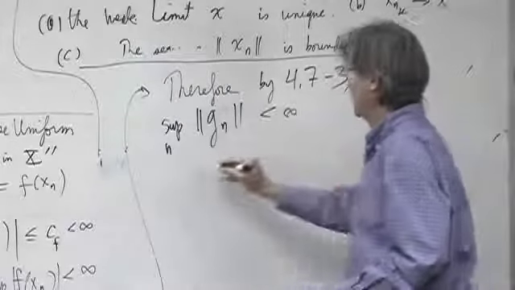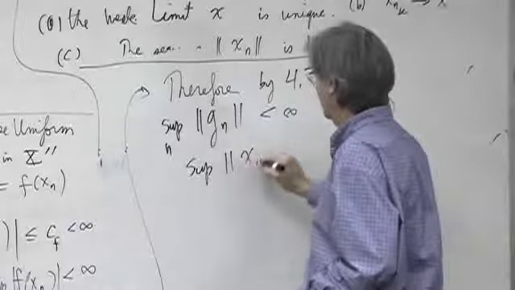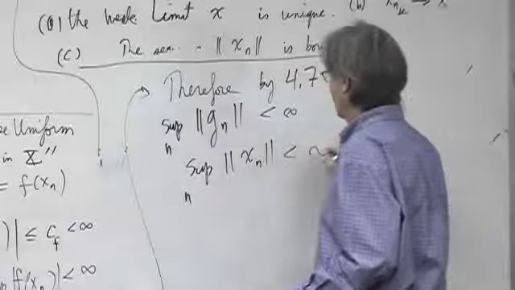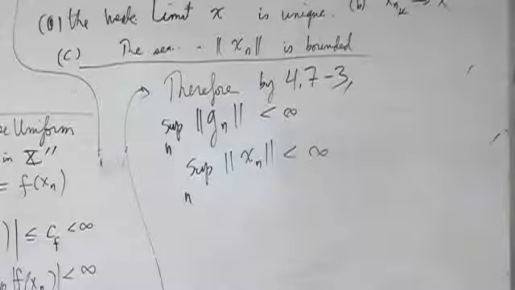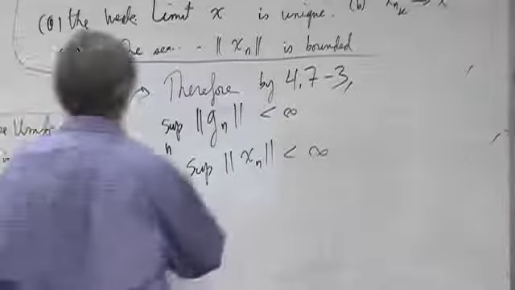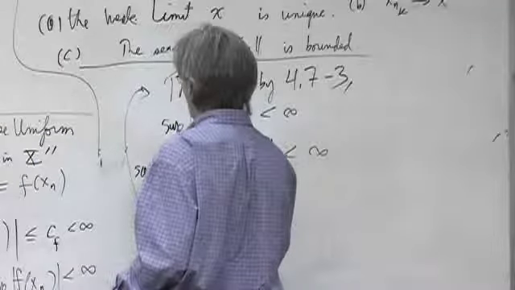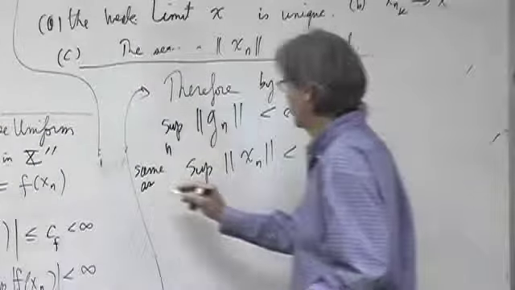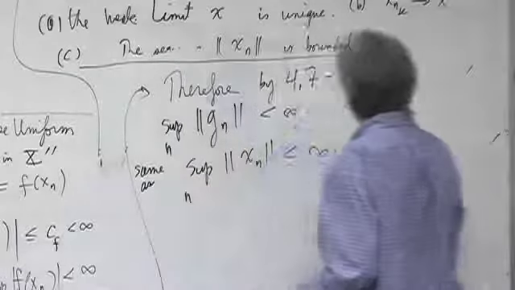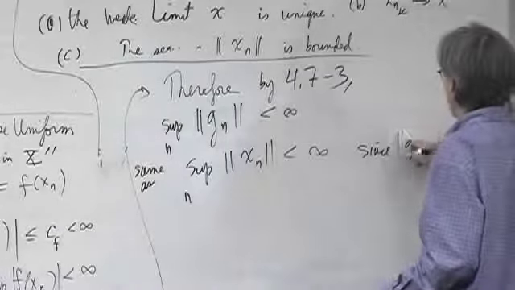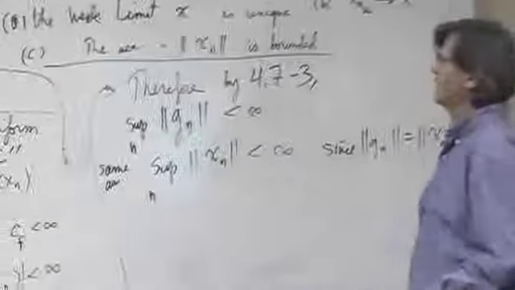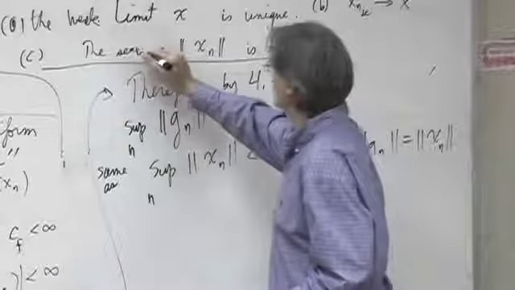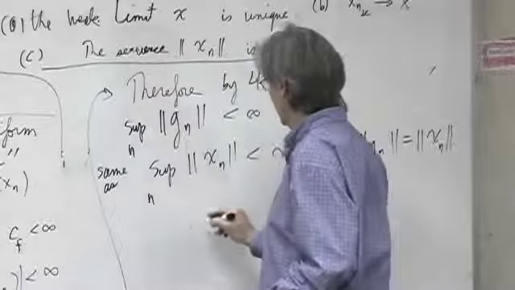But that's the same thing as the supremum of the norms of the x sub n's being finite, because the norm of G sub n is the norm of x sub n. So C is proved. QED.